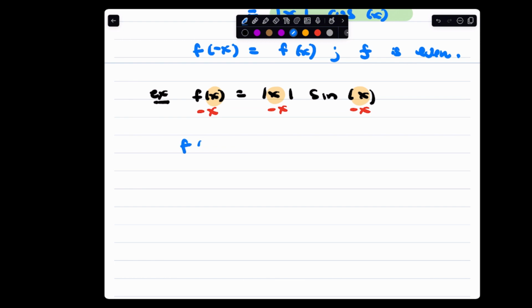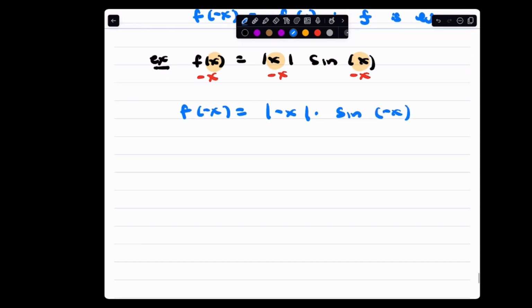So f of negative x becomes the absolute value of negative x times sine of negative x. The absolute value of negative x is the absolute value of x.